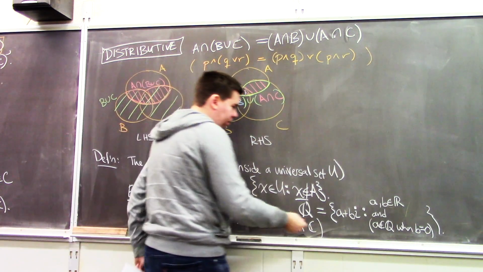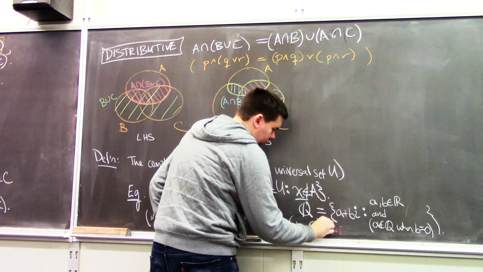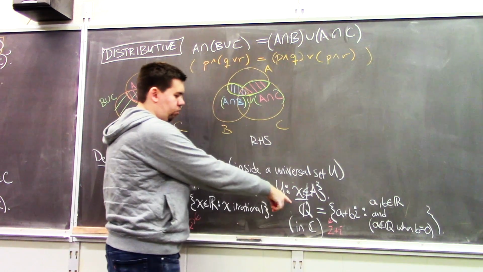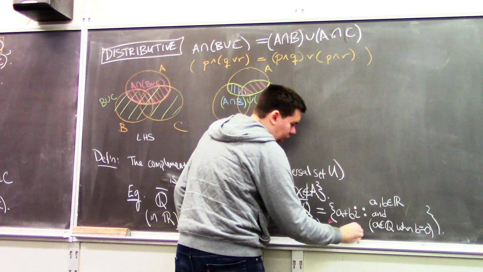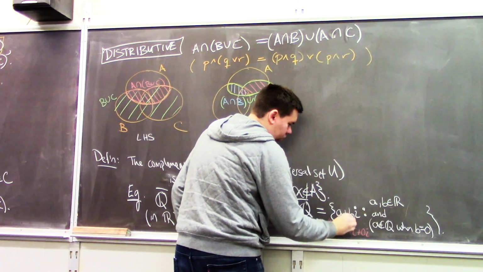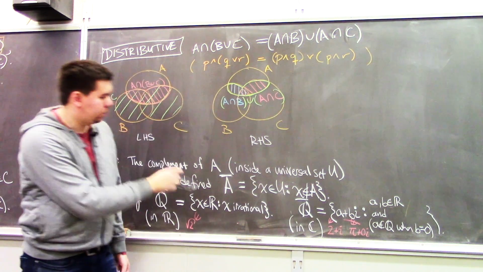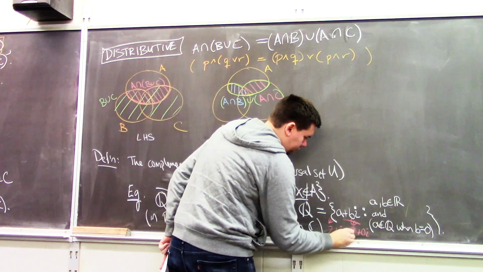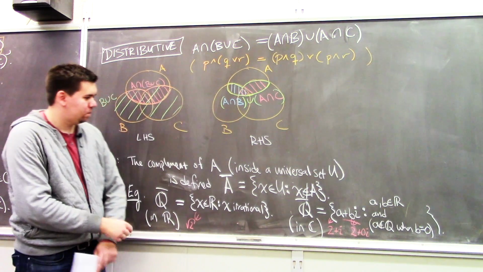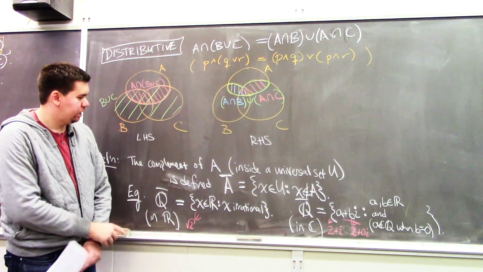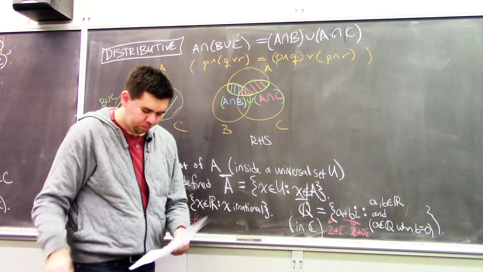So 2 plus 0i would not be in there because it's the complement of the rationals, and likewise a pi plus 0i, which is just pi, would be in there. So we just have to be sensitive to which universe we're living in when thinking about complements.